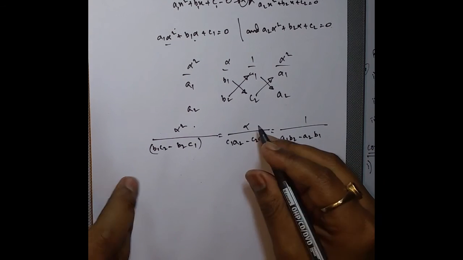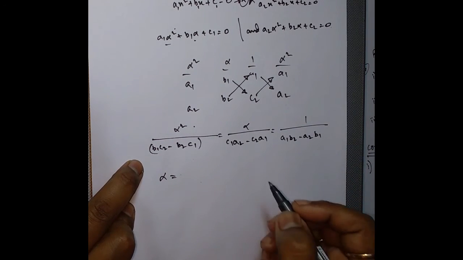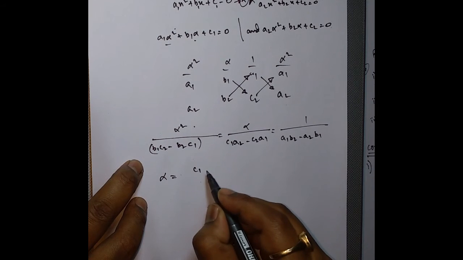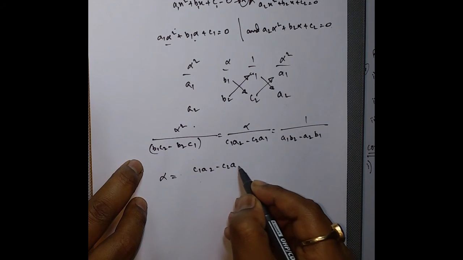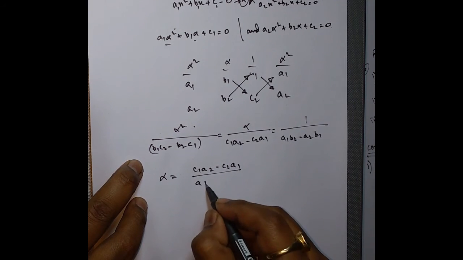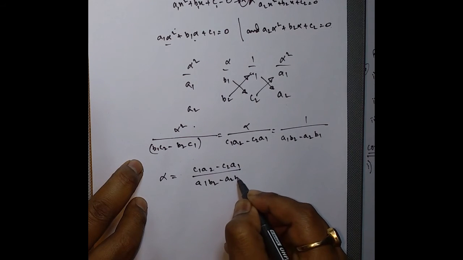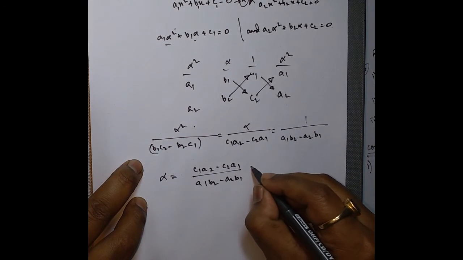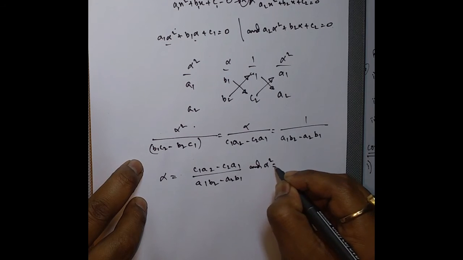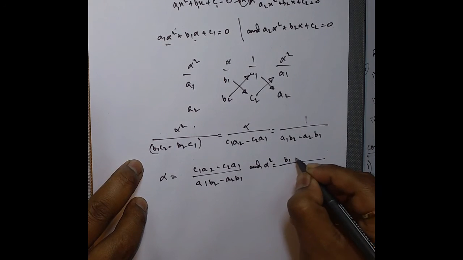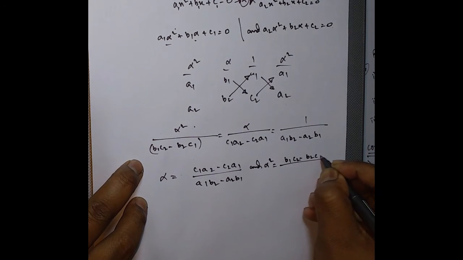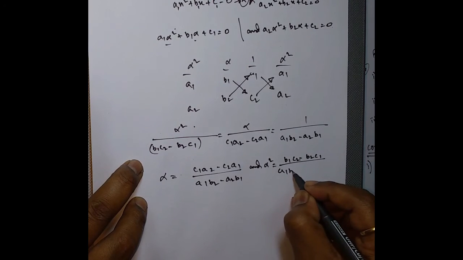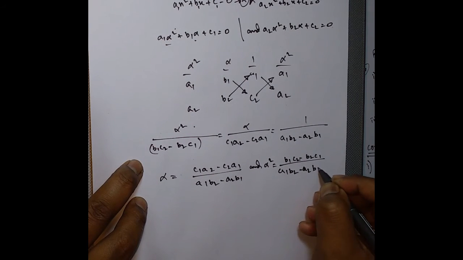Now from this equation, what do you find for alpha? Alpha is c1 a2 minus c2 a1 upon a1 b2 minus a2 b1. And alpha square is b1 c2 minus b2 c1 upon a1 b2 minus a2 b1.